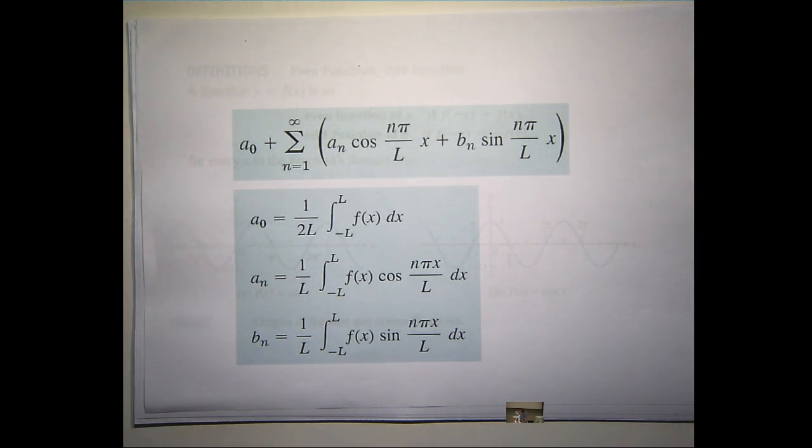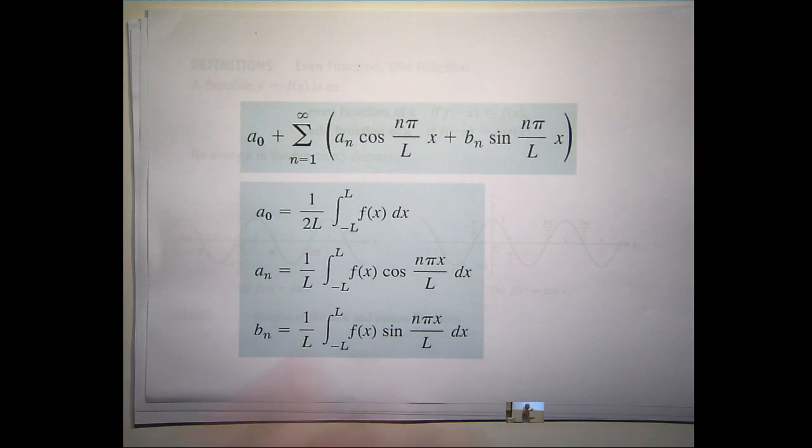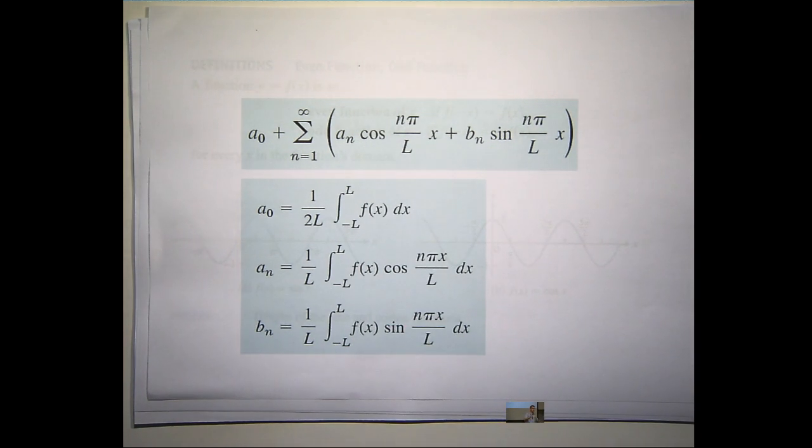So that's one thing we always look for in integration when we're calculating these Fourier coefficients. Look for odd and even integrands, okay? And I'll talk about that a bit more. You may have forgotten what odd and even functions are, but we'll look at that in a minute.